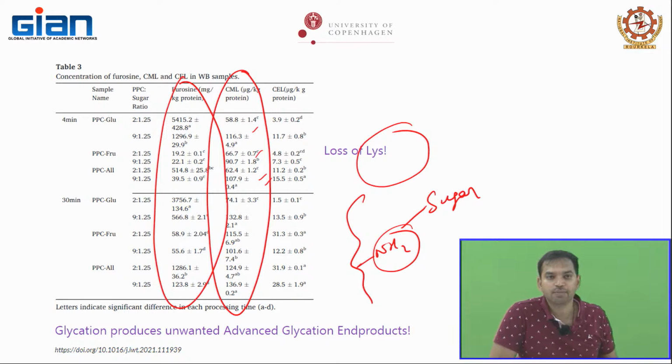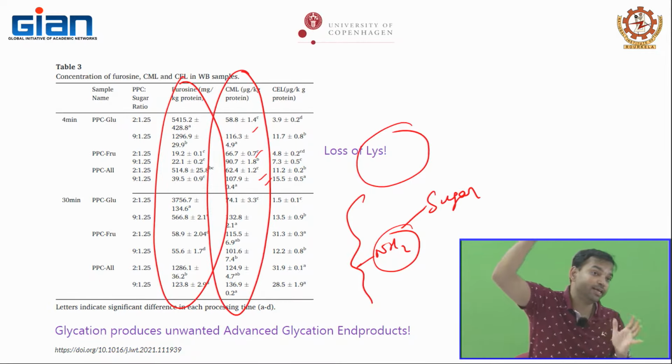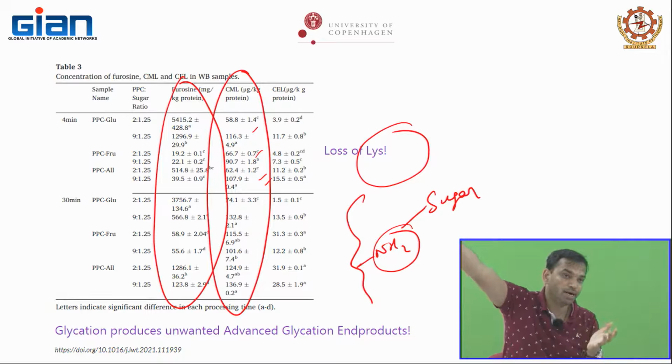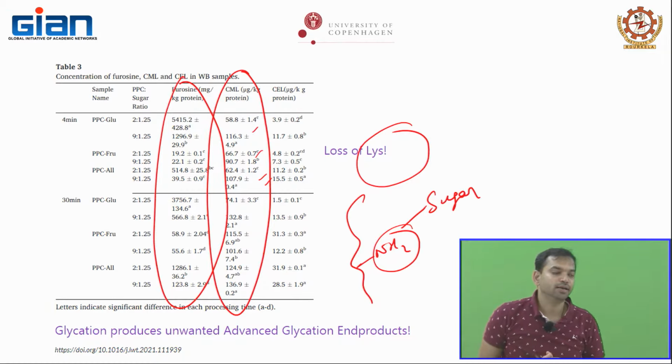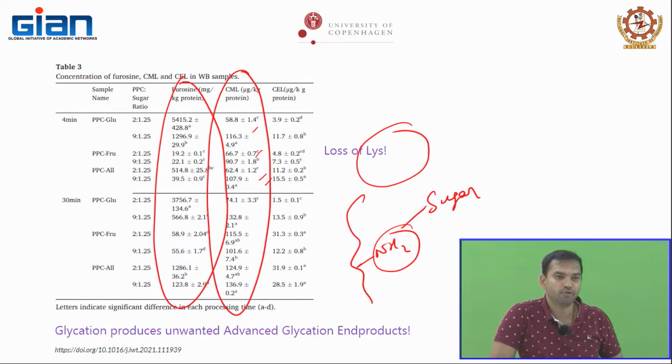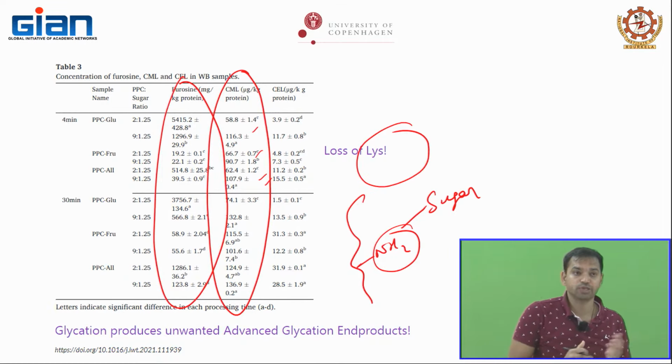It is not good. Am I clear? So, you compromise the nutritional value if you heavily modify lysine residues because of glycation. You might get a very nice techno-functional property, but lysines are lost, it might be compromising the nutritional value. It is not always good, they have pros and cons. Okay.